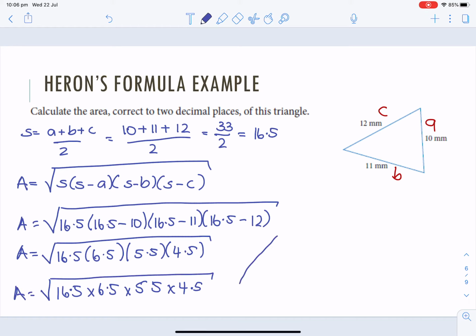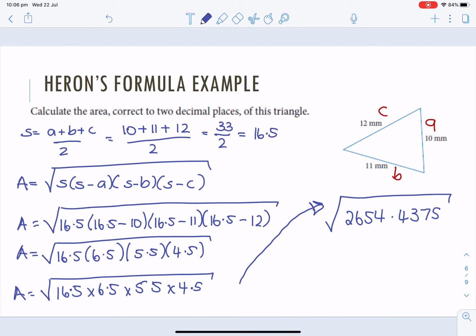I'm going to bring that up over here. So I'm running out of room down the bottom there. And that is equal to the square root of 2,654.4375. So there's a lot of decimals there.